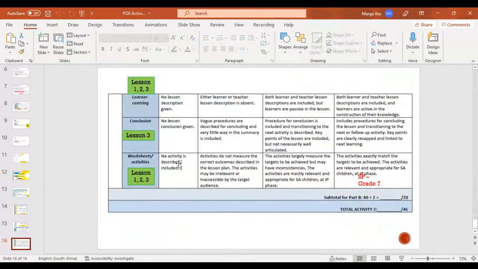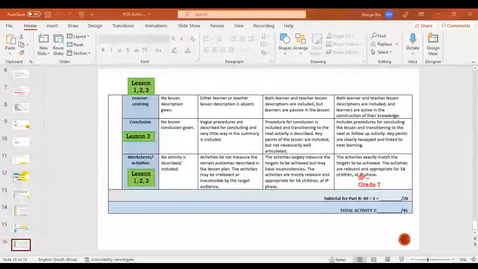Because if you look at this rubric, the worksheets and the activities is a separate section. So you need to have activities. You earn marks for this. All right, so you need to explain what you are going to do in that lesson. Are there any questions about this activity?